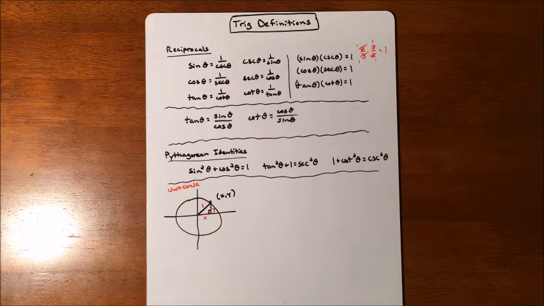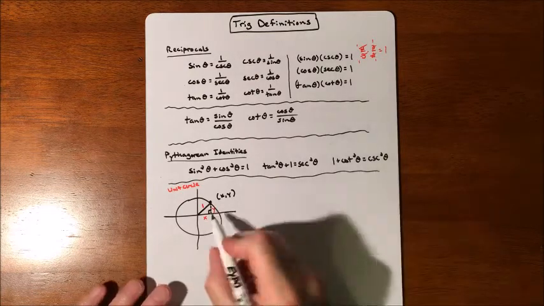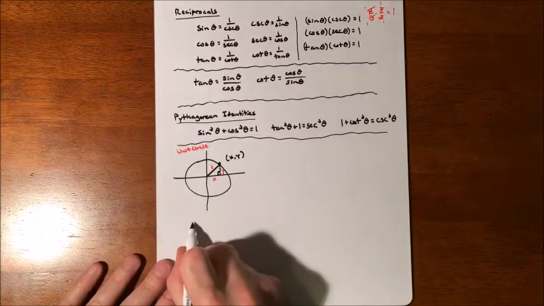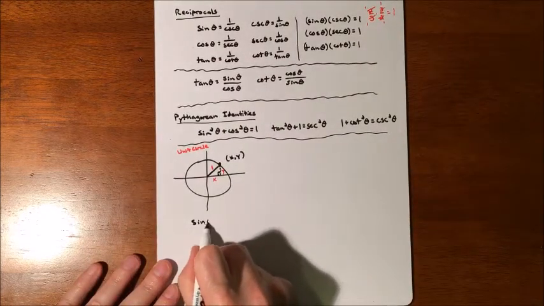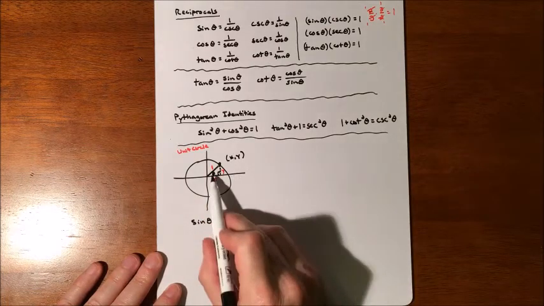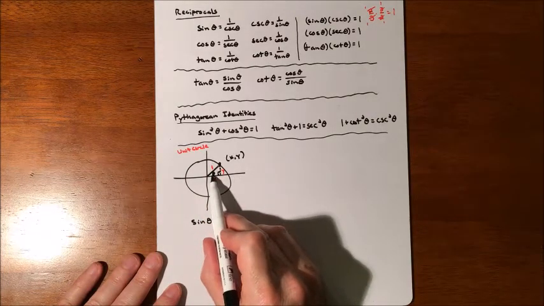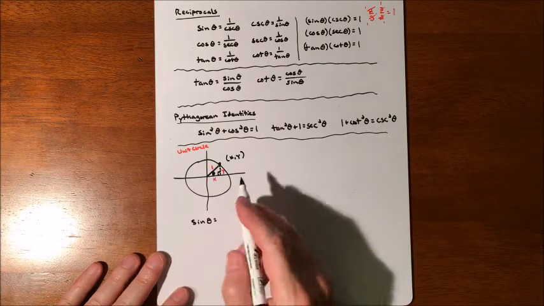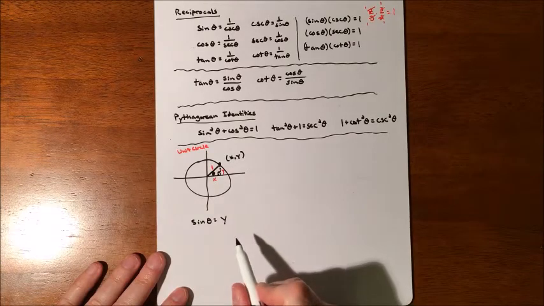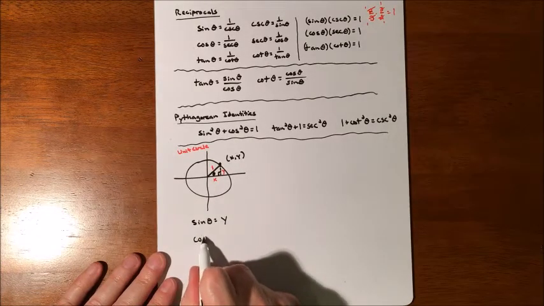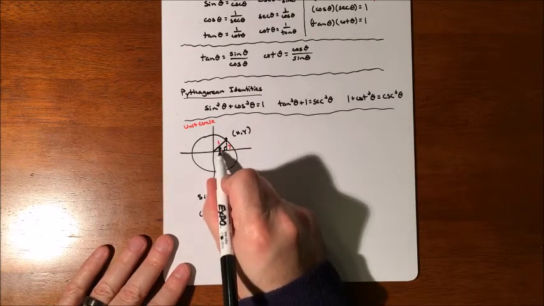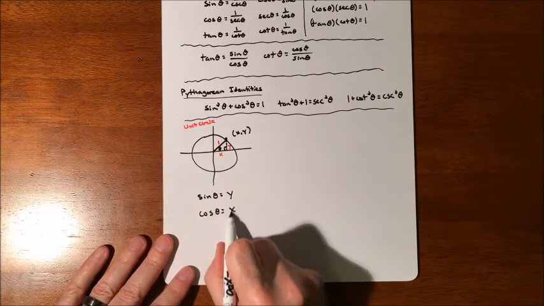So with that, if we do sine of theta, our angle is going to be down in the corner with the x-axis. Sine of theta is going to be opposite over hypotenuse, which is just y, because we really don't need to write it over 1. Cosine of theta is going to be adjacent over hypotenuse, so x.